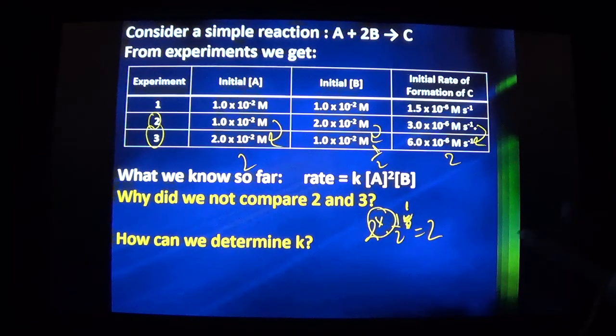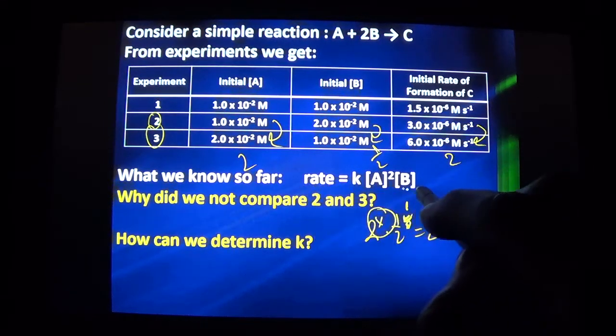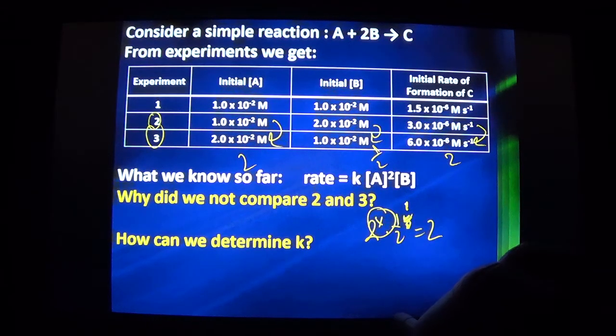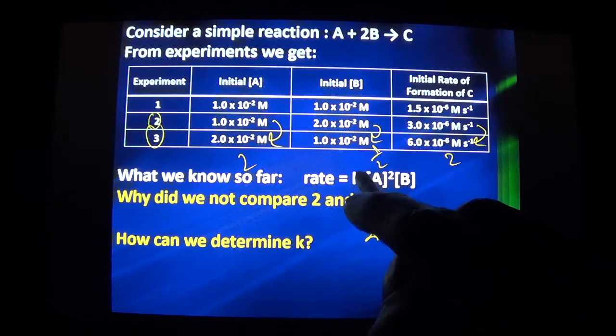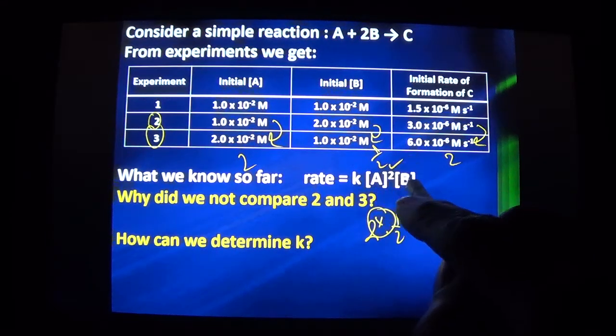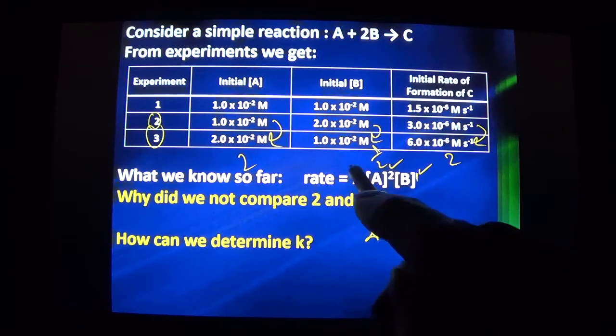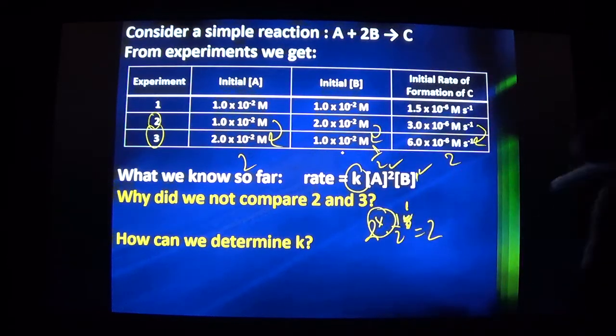Okay. With that said, here's our rate equation so far. We want to know how we can determine K, the rate constant. So I have that exponent, I have that exponent, it's a 1. We're just not going to write it. How can I solve for K?